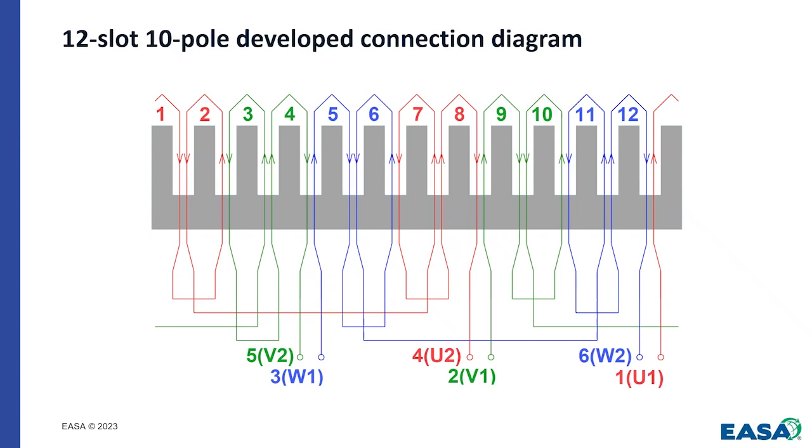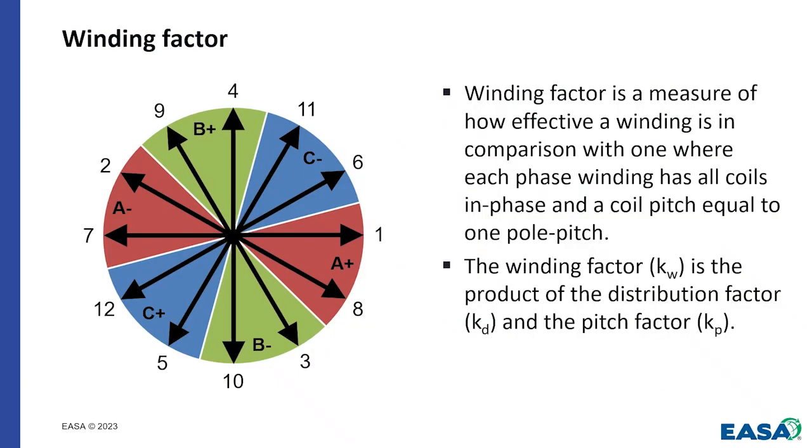So we're going to move into, now that we've got this winding laid out in a way that we think makes sense for a three-phase power supply using that fifth harmonic, we're going to look at the winding factors for this winding and see how it would perform. Again, what the manufacturer thinks about from a design perspective is how much bang are they getting for their buck.